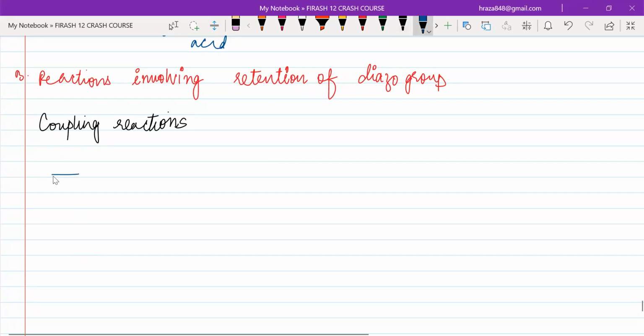So here you can see this is your coupling reaction.